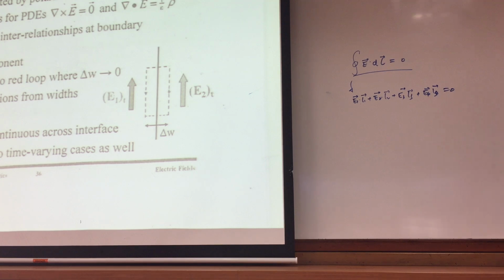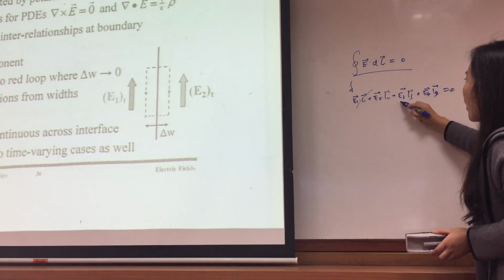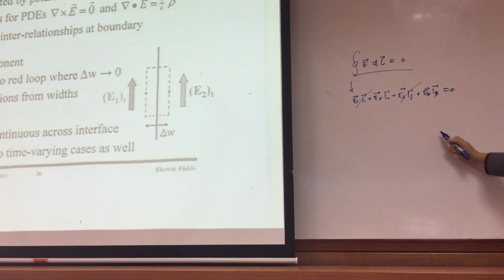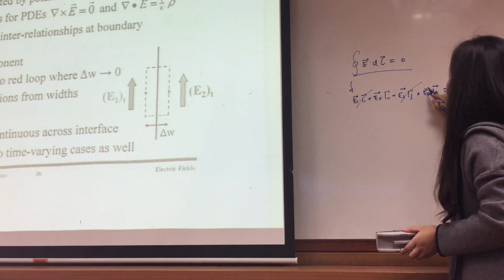And then I shrink this loop very thin so that L1 and L3 disappear, they can be neglected. So L1 and L3 are gone. Now I only have E2 dot L2 and E4 dot L4.